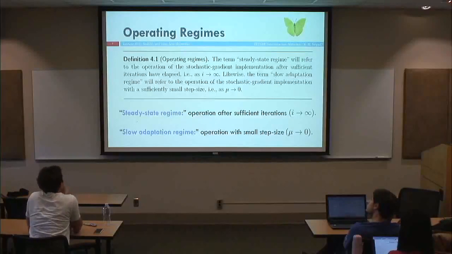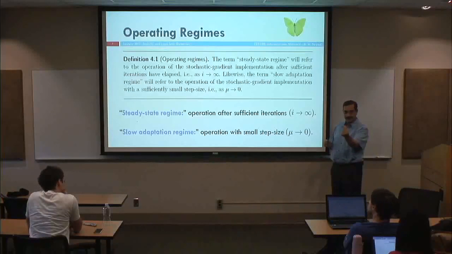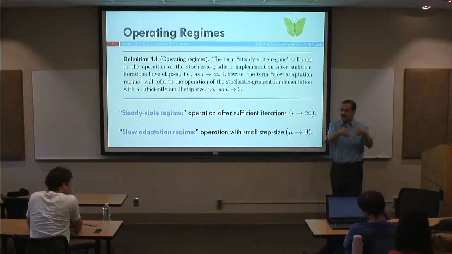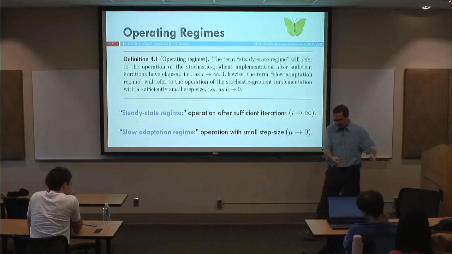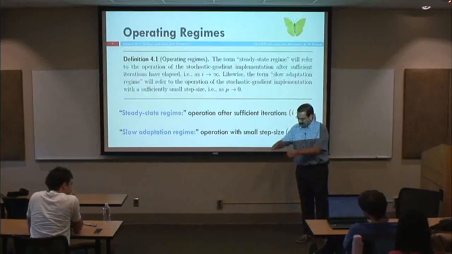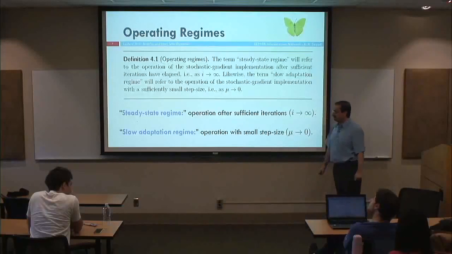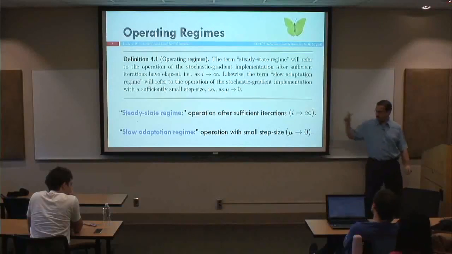Very good. So what I'm doing today, I will come up with a long-term model that approximates well the behavior of the algorithm in steady state. So after the algorithm has evolved for a long time, I'm going to come up with a long-term model that approximates very well how the algorithm is performing in steady state. Okay, so I'm focused.